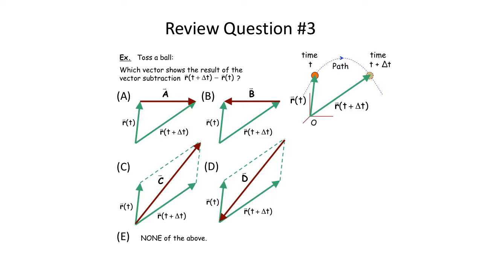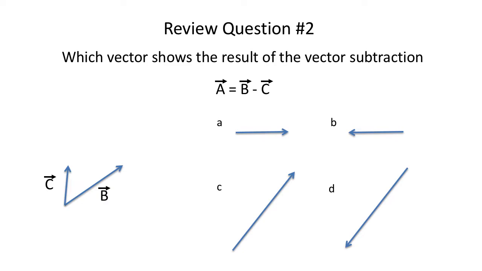Okay? Let's look at something really quickly. Let's go back a step and look at this one. In this problem, just like Samantha told us, we had a vector B, right? And we had a vector C. When we subtracted them, we flipped the sign, moved them around, took their addition, right?